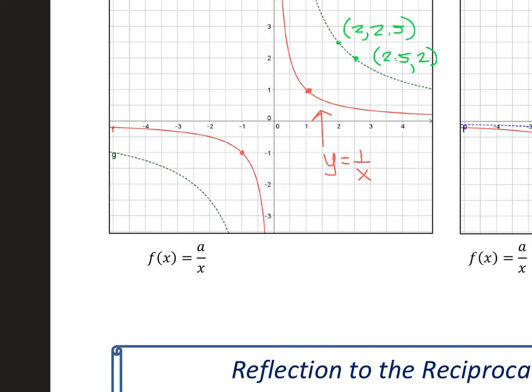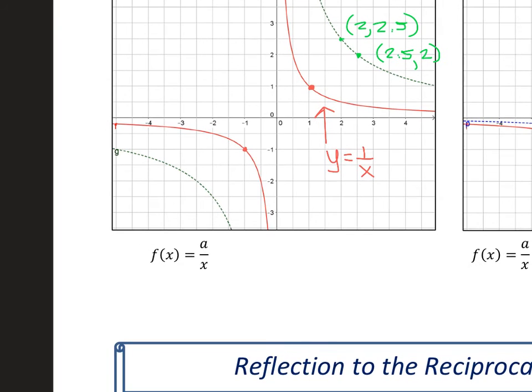So how can I actually find a? Well, we always solve for a by plugging in a point. I can use either one of these points. If I put my output at 2.5, I'm going to write that as 5/2. I have some kind of stretch or compression factor, and my 5/2 happens when x equals 2.